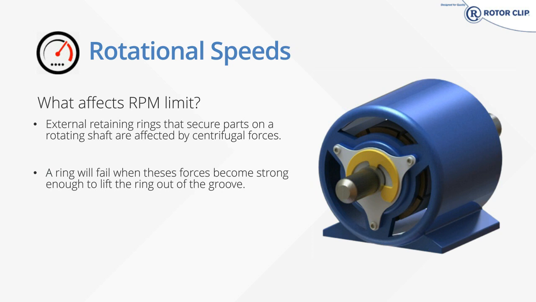Thicker is not always better for this, as the spring rate is also a product of the aspect ratio. So as your thickness increases, you also need to increase your section to ensure that spring force is still remaining in the ring.